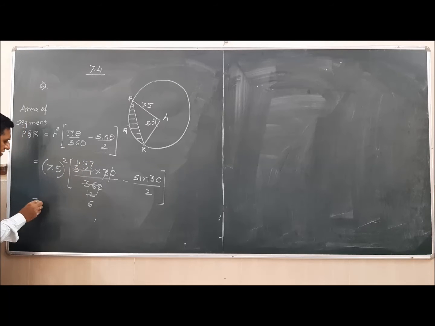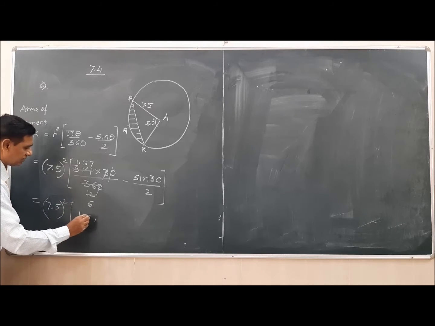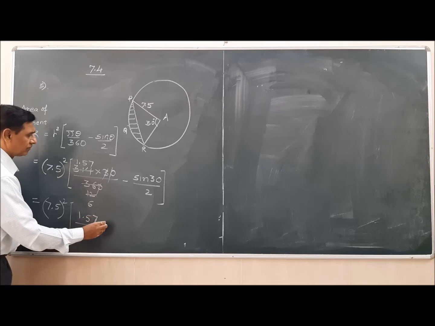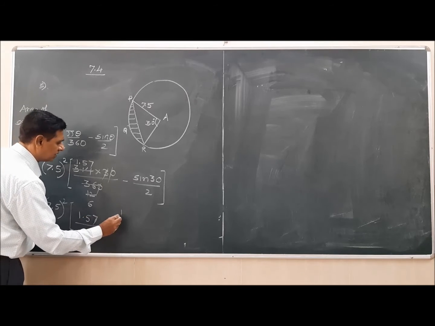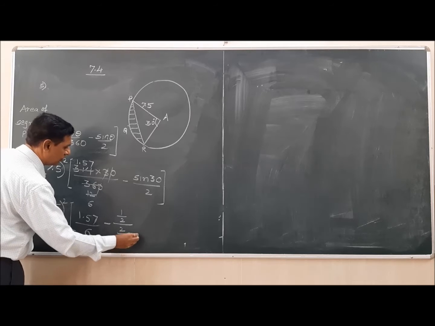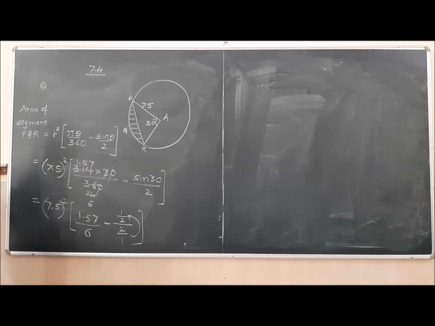Now next step is 7.5 the whole square, 1.57 upon 6 minus sin 30 is 1 upon 2, that is 1 upon 2 upon 2 upon 1. In the next step, I am going to transfer 2 upon 1 from denominator to the numerator. Now you will get over here 7.5 square.